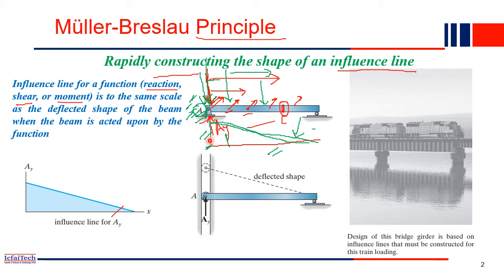For example, I want to find the influence line diagram for AY, the reaction at A. So our first job will be to release the degrees of freedom at A in this direction. We are finding AY, the vertical direction, so we will release this vertical direction movement.